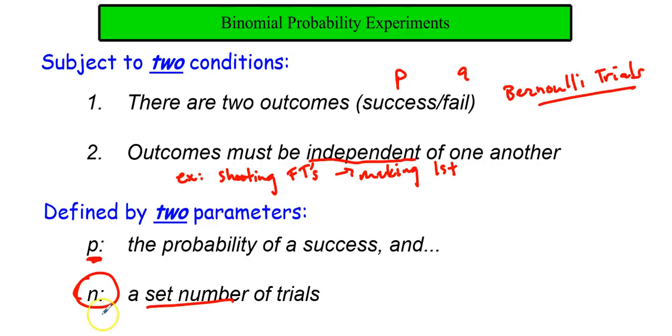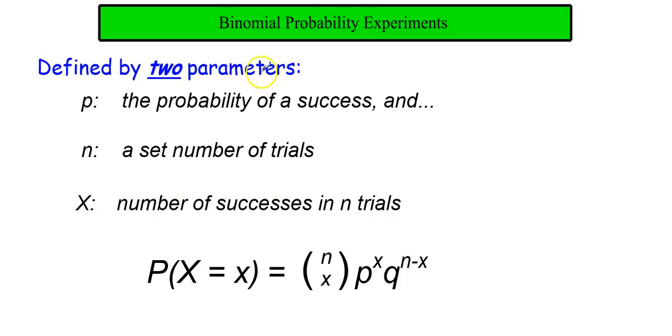But there is a set number of trials that we're running, and we're going to look for a particular number of successes, which we define as X, within that set number of trials. All right, we'll do a couple examples here. Hopefully that'll clarify things for you in a minute.